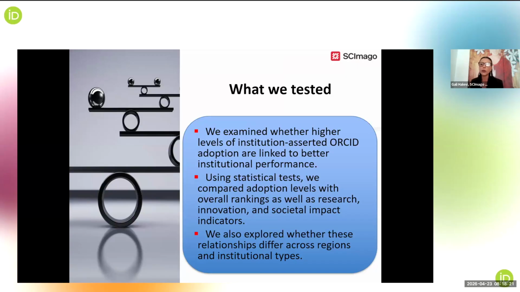And we also explored whether these relationships differ across regions. Now, for the entire methodology and the entire analysis, you can refer to the full report, which Kimberly will provide at the end of the session. It's open, and you can read about all the tests that we've done and the methodology that we deployed for this specific report.